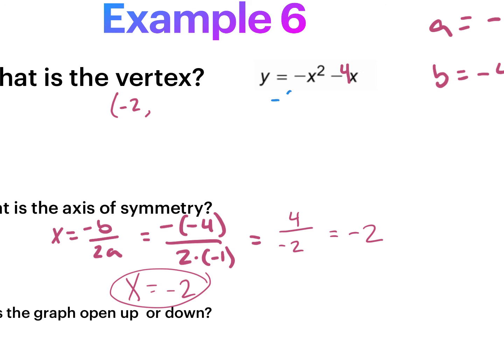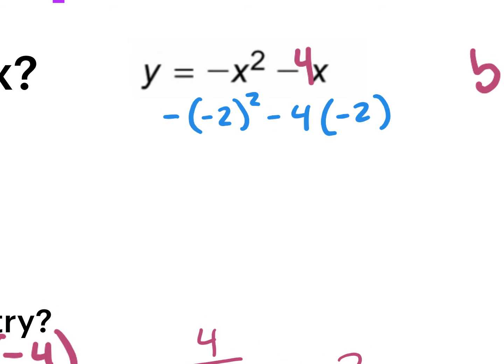So I have negative 2 squared minus 4 times negative 2. So I have to follow my order of operations. What should I do first? Do I have any math going on inside the parentheses? No. So what should I do next? Exponent. So it's negative 2 squared.